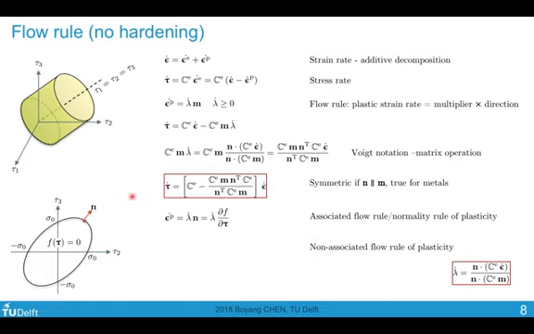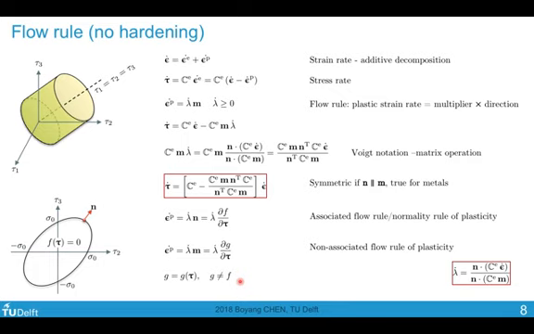Of course, we also have a non-associated flow rule, which means that now they are not associated. The plastic flow direction is not associated with the normal of our yield surface. And then we have to form a different function g, and this g enables us to calculate the actual flow direction m. So this g in the most generic form is not equal to f.